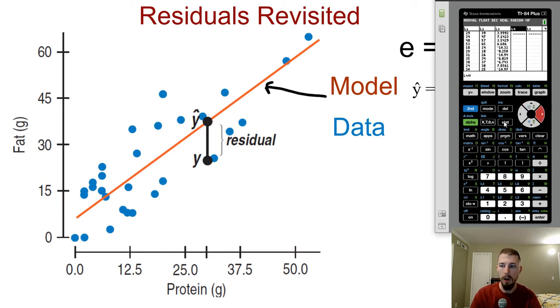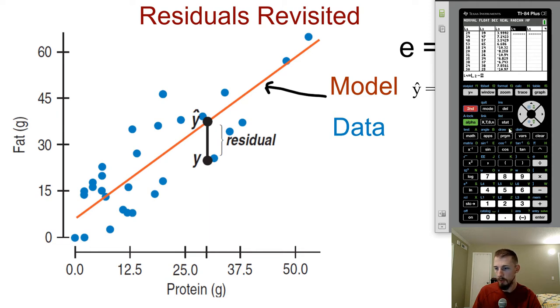Now, another way that you can get the residuals, remember, the residual is the actual minus the predicted. So the actual data that we're looking for are the y values from the fat content. So that's going to be list 2, second 2, minus the predicted. Now, to get the predicted, we're going to take the x values here, and we're going to evaluate them in our model to get the prediction, so wherever those are going to line up on the model.